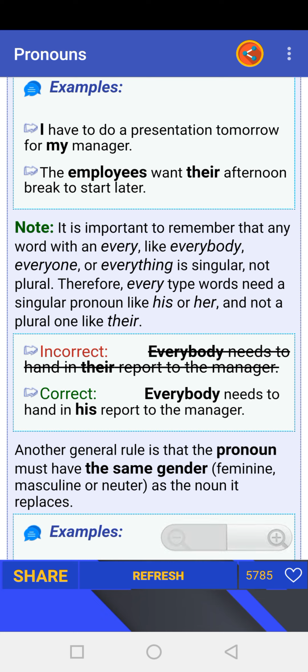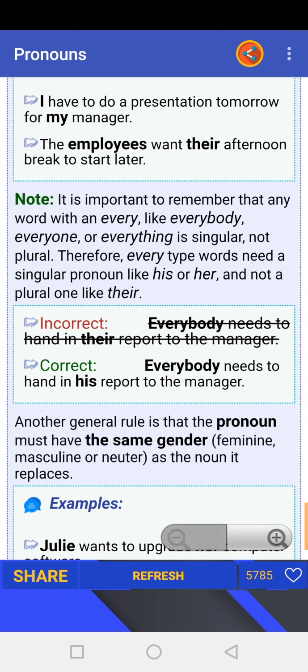It is important to remember that any word with every, like everybody, everyone, or everything, is singular, not plural. Therefore, every-type words need a singular pronoun like his or her, and not a plural one like their.